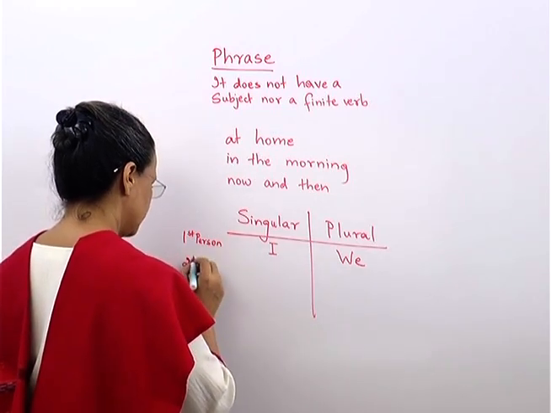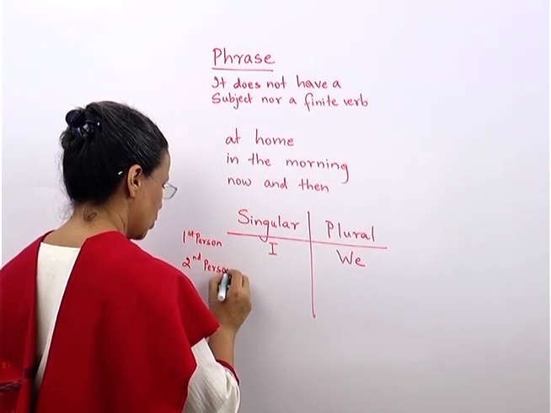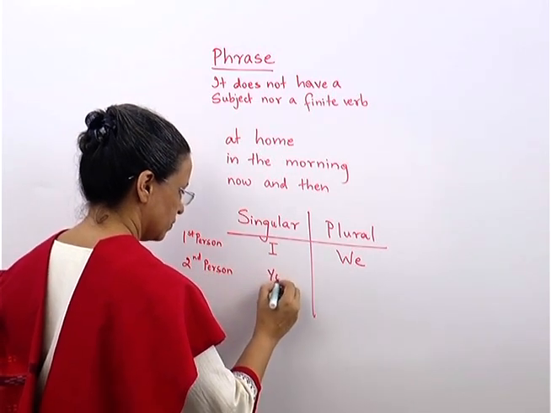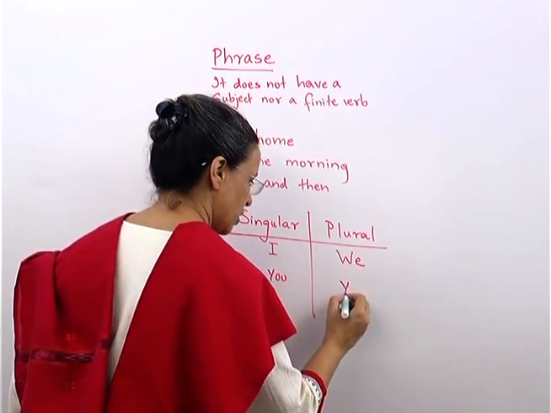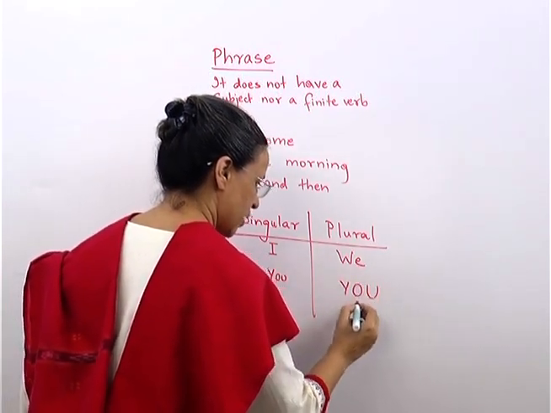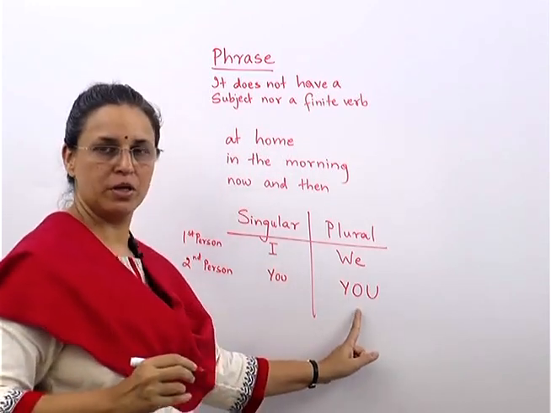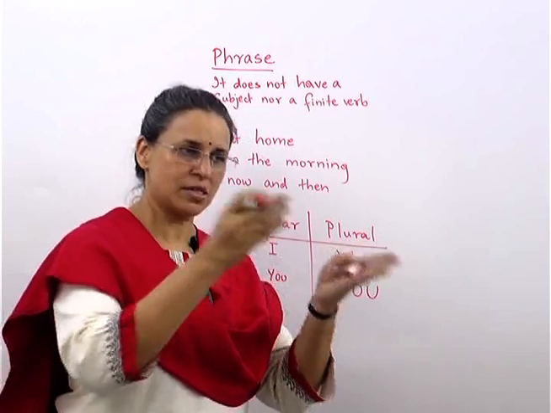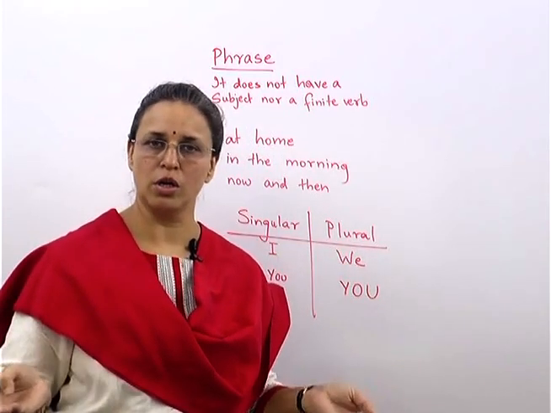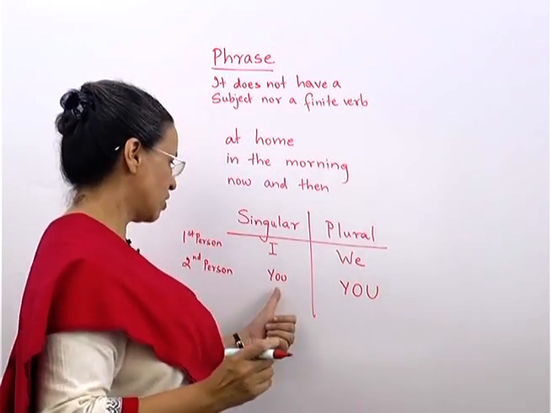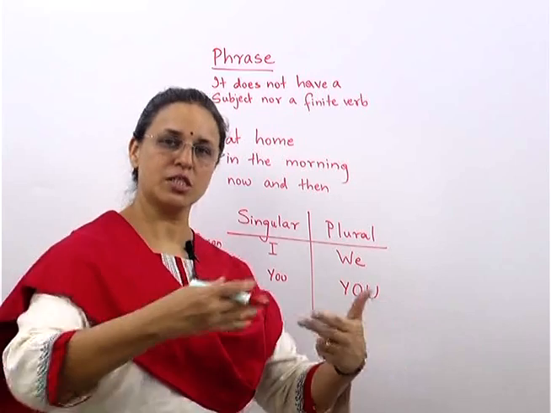Second person singular is you, but plural will also be you. I am writing this big U so that you know this is tum and this is aap. You plus somebody, you only. That means you both or you all. So in Hindi we can make out the difference, tum and aap. So this big U which I have written means aap.